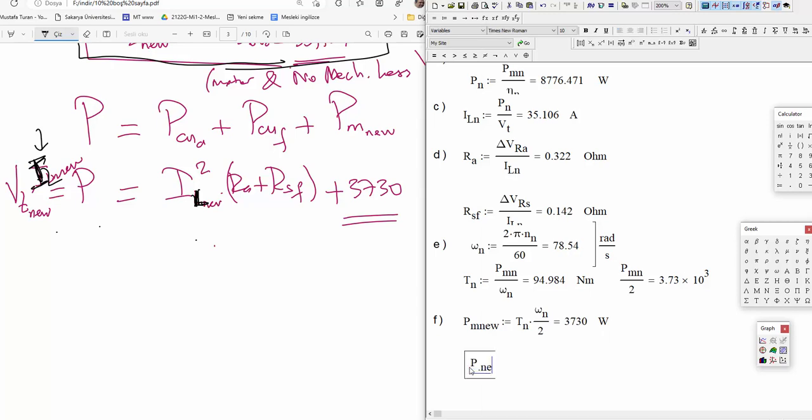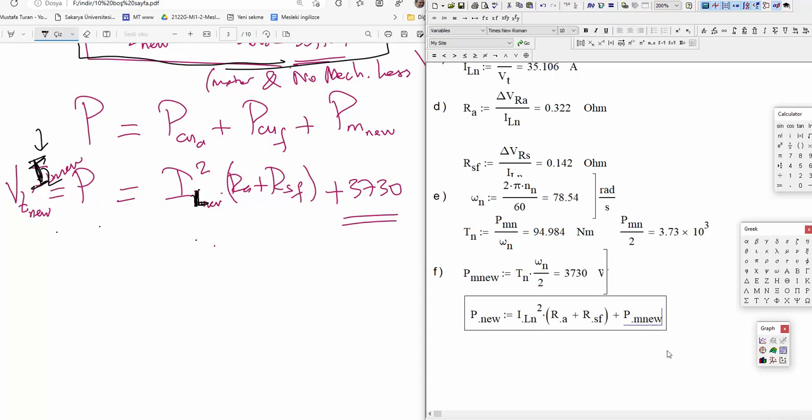New input power is equal to old load current, which is rated value, squared times Ra plus our serial field coil resistance plus mechanical new output power, since there are no mechanical losses, and new input power is this.